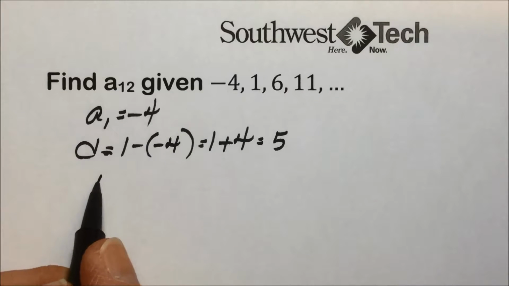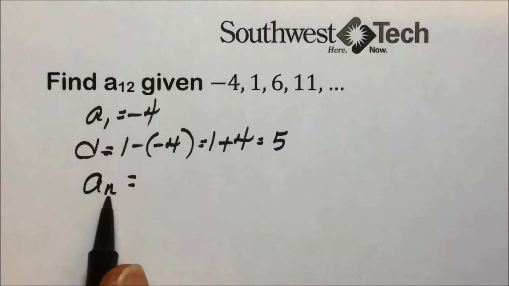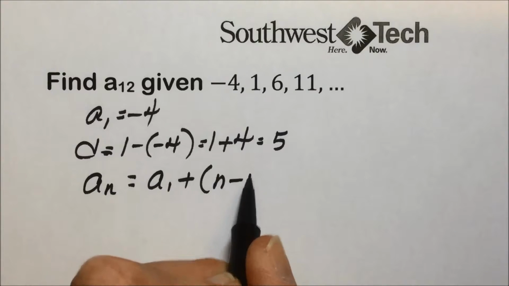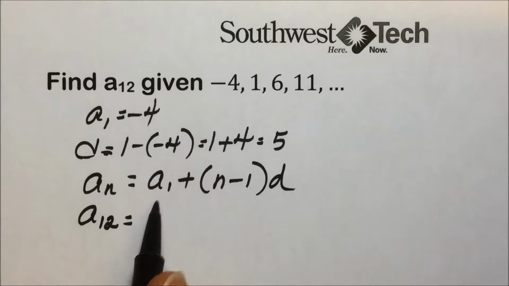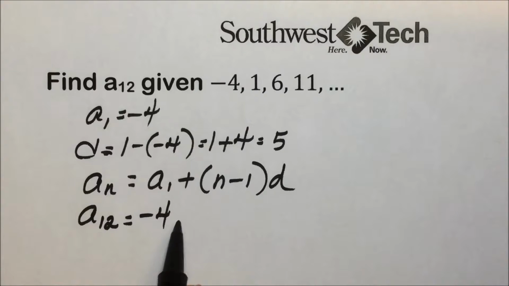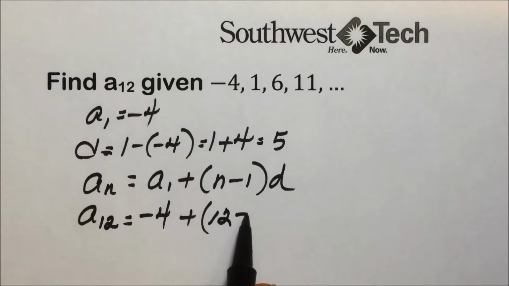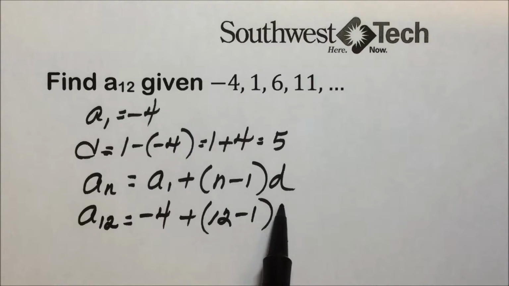But we also can use the nth term formula, which is a sub 1 plus n minus 1 times the common difference. So we're asked to find the 12th term. That means our n is 12. We identified our first term as negative 4. We're after the 12th term, so n is 12, minus 1 in the formula, times the common difference, which we found to be 5.